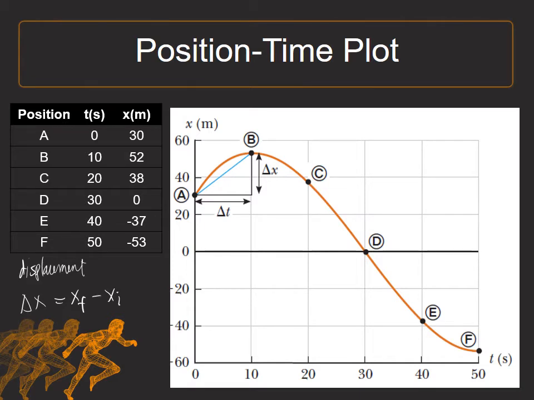Ang initial position niya is at 30 meters. Dito yung initial position niya, point A. And then, ang kanyang final position is at point F, which is negative 53. So, ang displacement niya is equal to negative 53 minus 30.